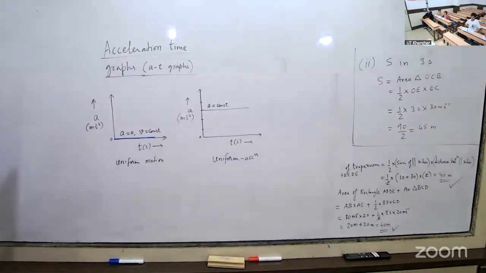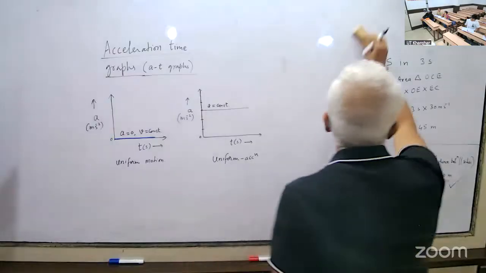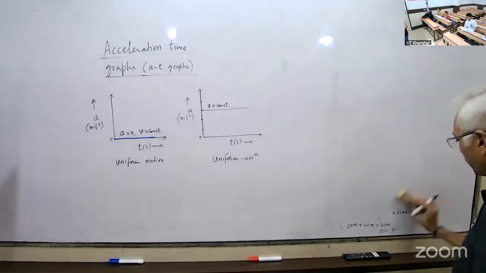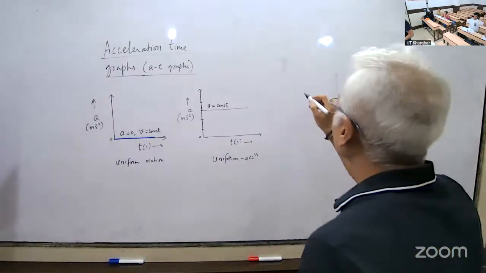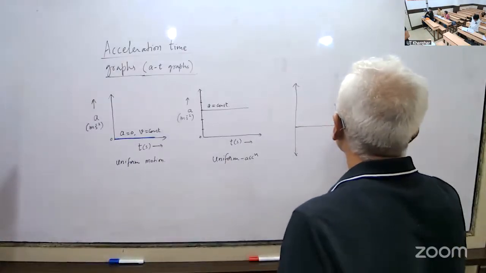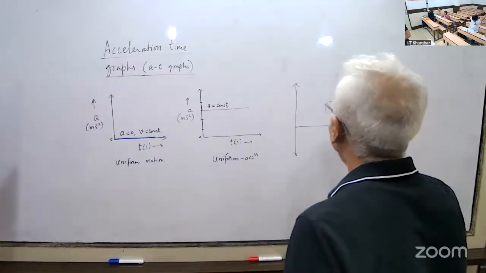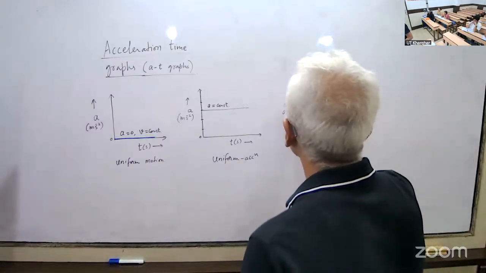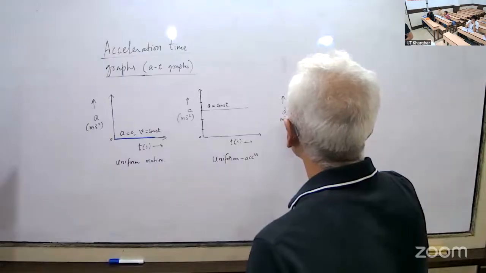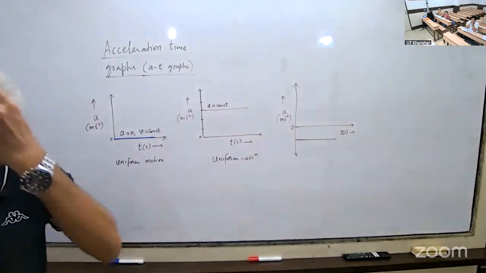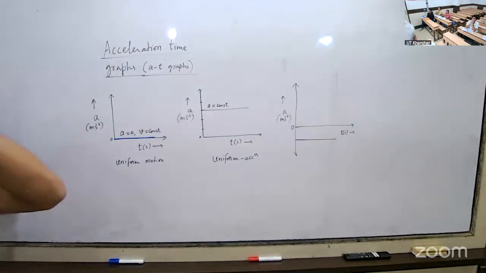Now there is one more acceleration time graph. Let us say you have this. What is this? In VT graph, we forgot one case.